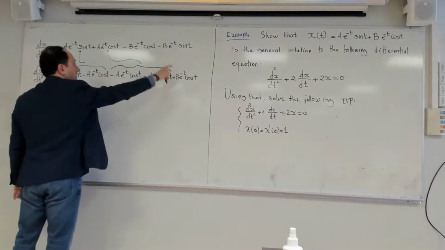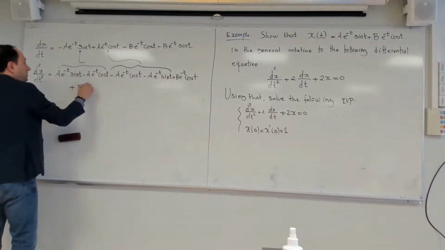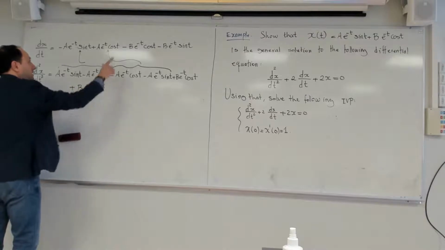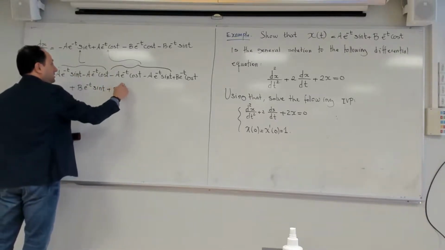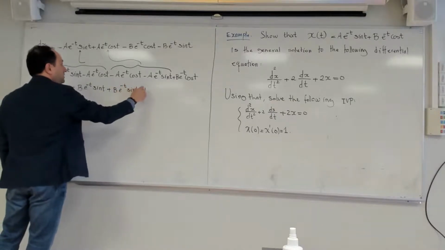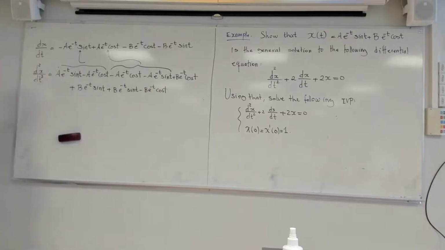So this one is this, and then it becomes positive b e to the power minus t sine t, and then I go there. Then it becomes plus b e to the power minus t sine t minus b e to the power minus t cosine t. Okay, so let us check. Everything is right.